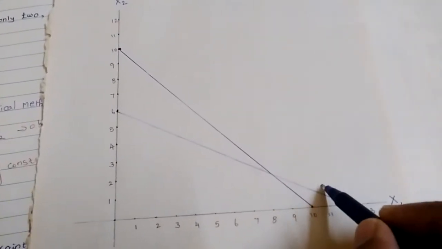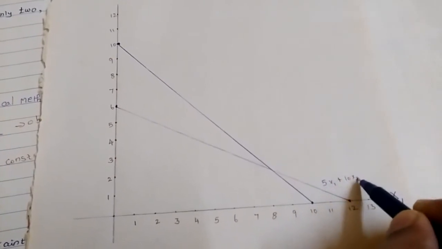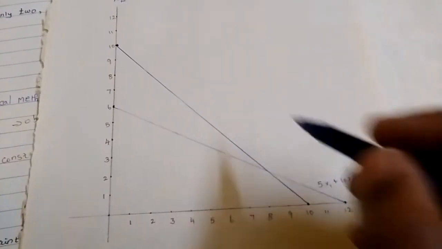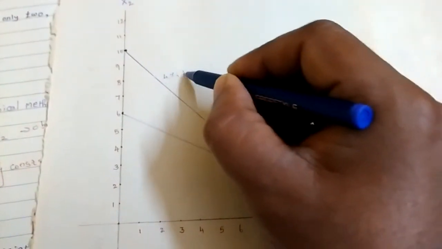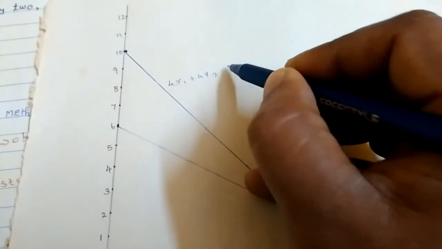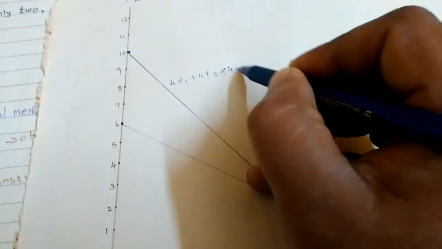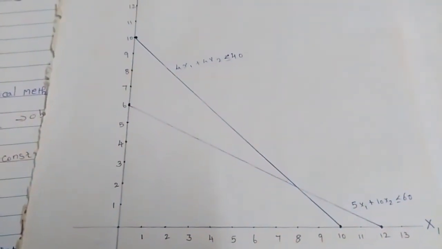This line is for 5x1 plus 10x2 less than or equal to 60, and this line is for 4x1 plus 4x2 less than or equal to 40.